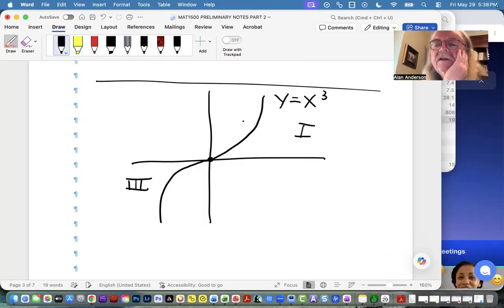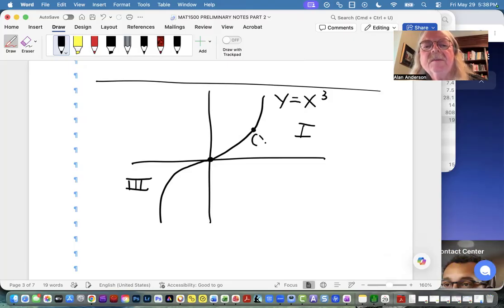The two of them are identical, think of them as mirror images of each other. And so for any point x, y up here, we must have the corresponding point down here, minus x, minus y.